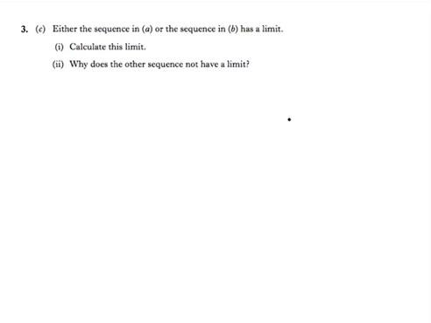So the last part of this question, part C, involves looking at both the sequences that we've already discovered. Now, the part A sequence had a rule.